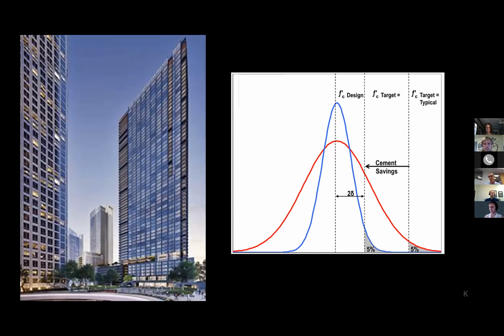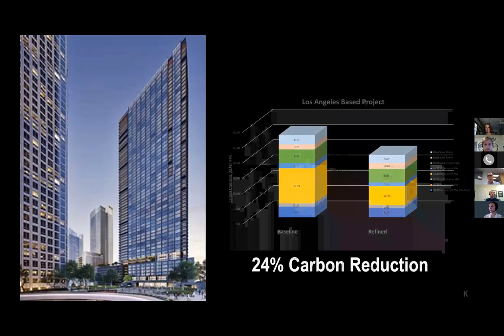So when you bring in the higher quality rock, the very consistent aggregate size, aggregate quality, you're able to tighten up that bell curve. And it's why we're able to take so much cement out of these mixes while still getting exactly the same design strength on a project. So what did that mean on the project?